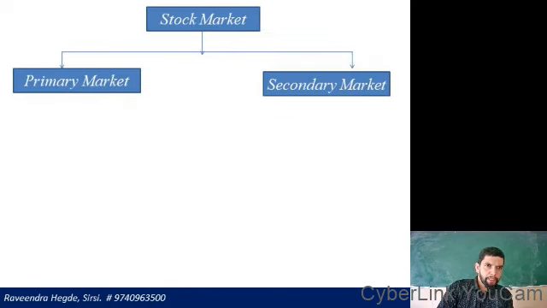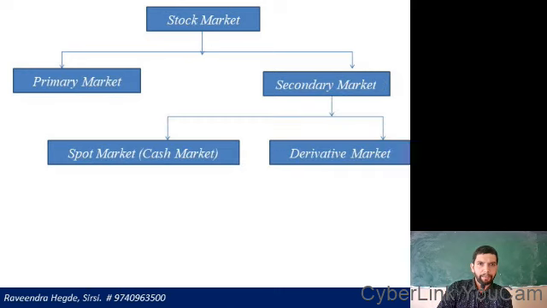The stock market is classified as primary market and secondary market. And the secondary market is classified as spot market, also known as cash market, and derivative market. The derivative market is also known as F and O market. F and O means futures and options.